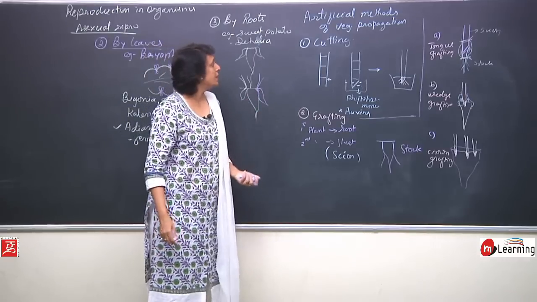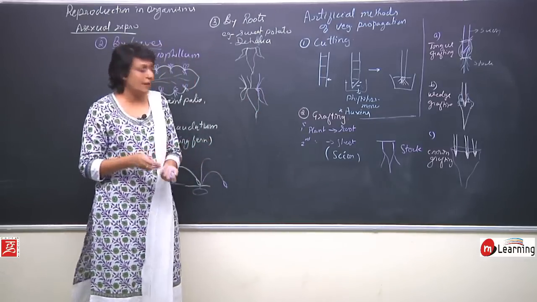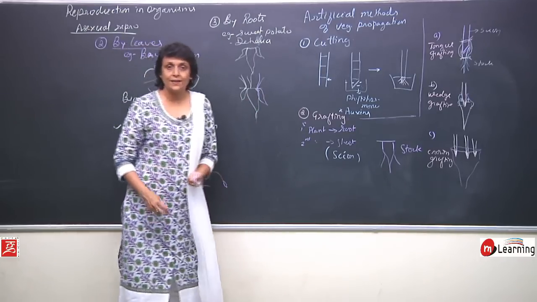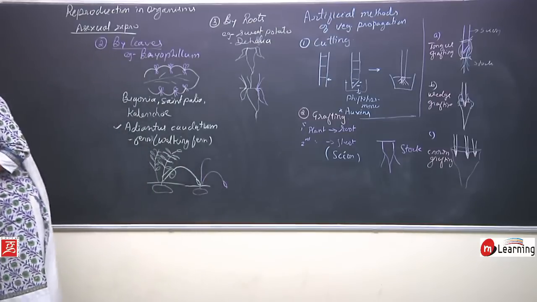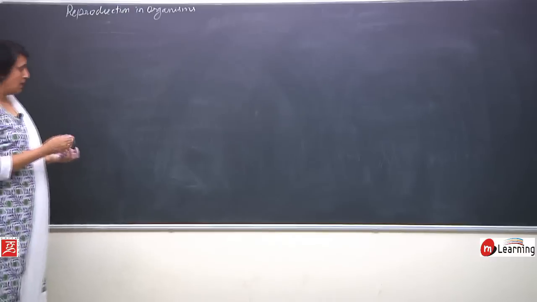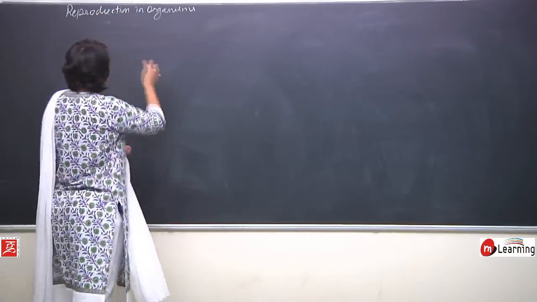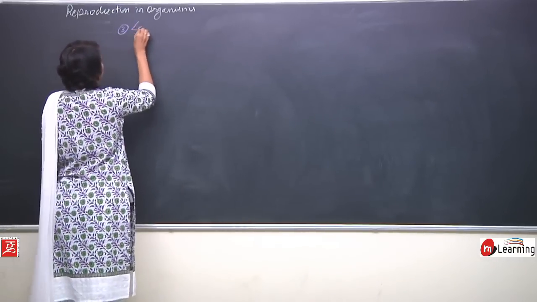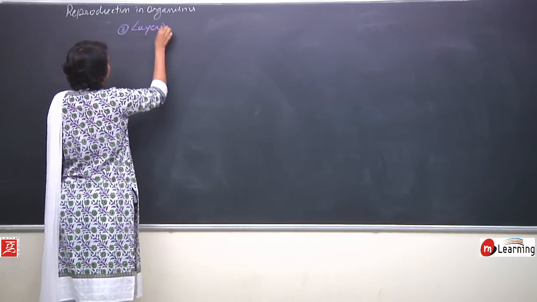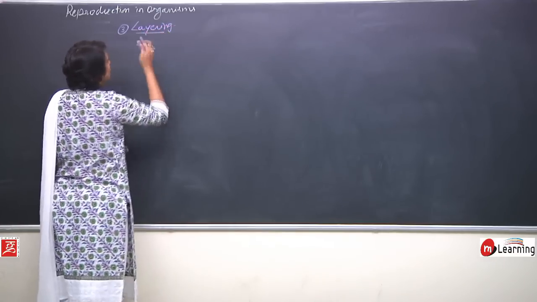Now the next method of vegetative propagation is known as layering. Let us take layering now. The next method, layering, is also done in 2 ways.